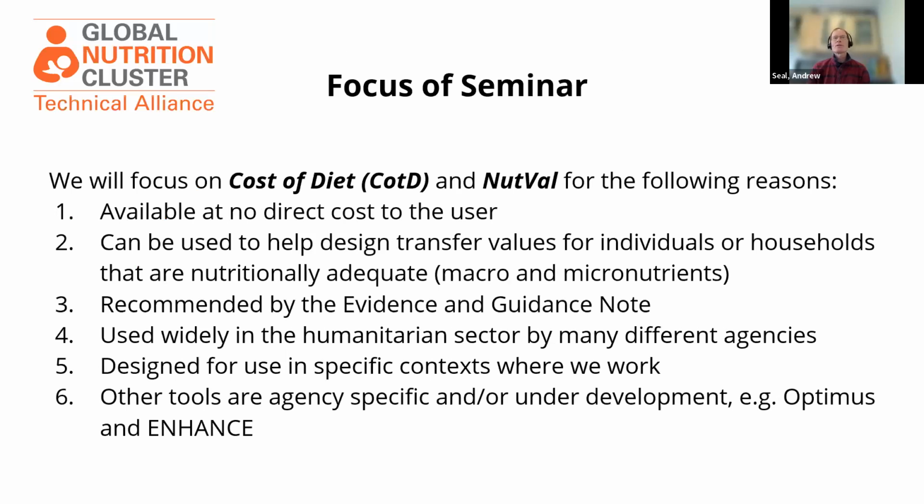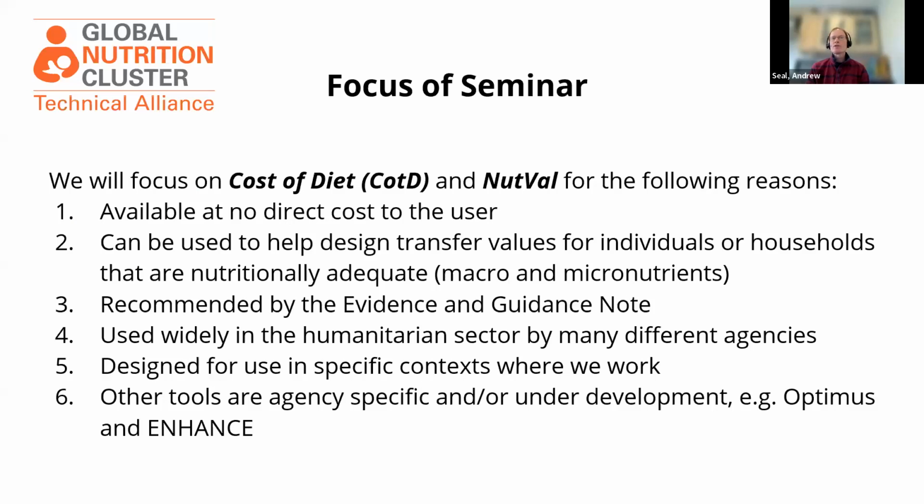So we're going to focus on those two today for the following reasons. Both tools are available at no direct cost to the user, but there are, of course, costs involved in training and support. Both of them can be used in different ways to help in the process.